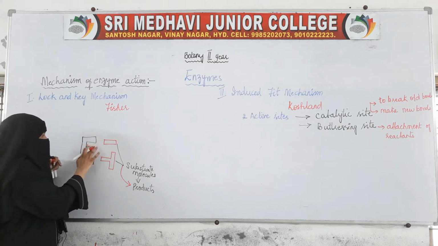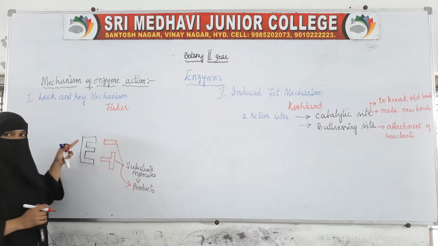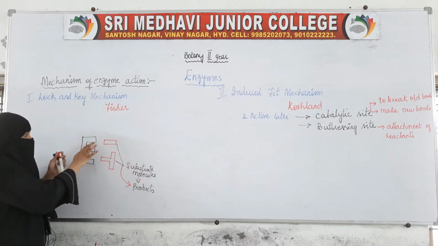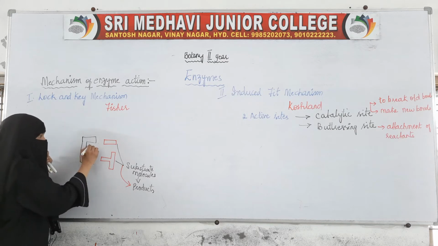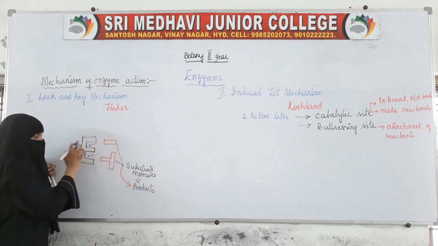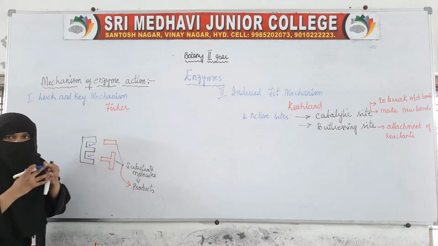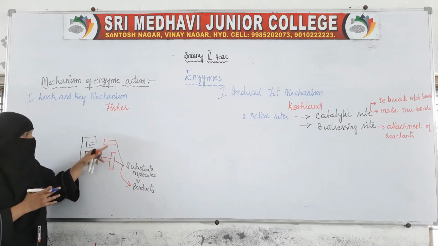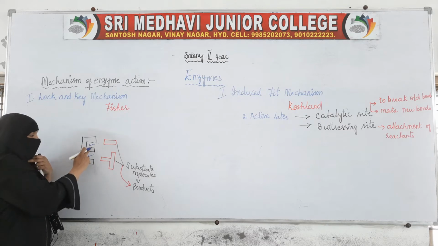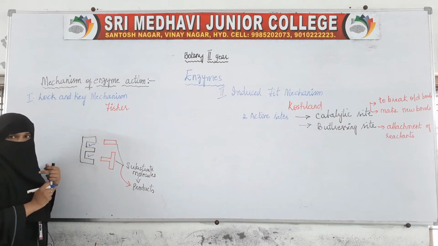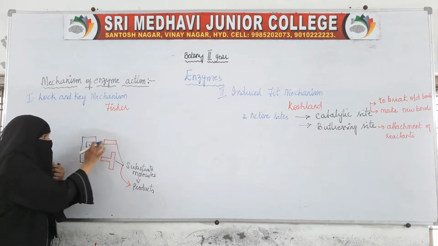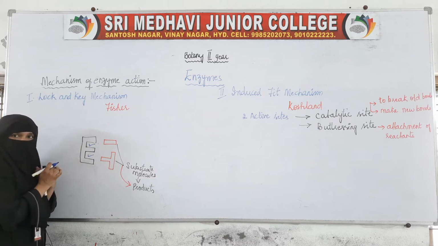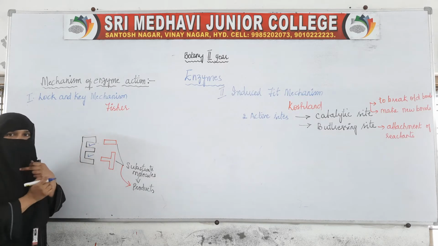This is the site where these substrates are going to come and bind. So these substrates will come to the active sites of the enzyme and bind with the enzyme.